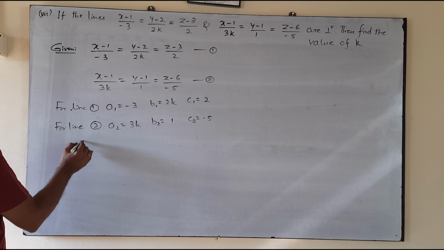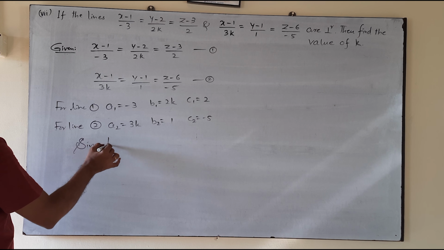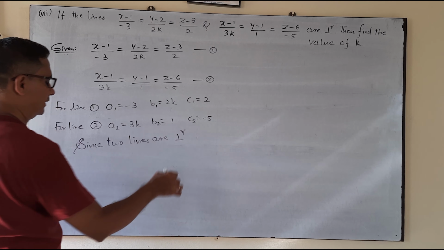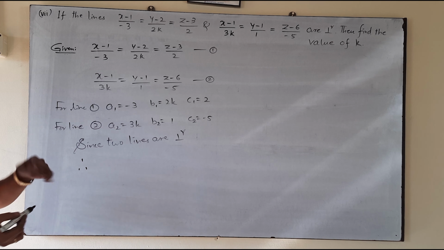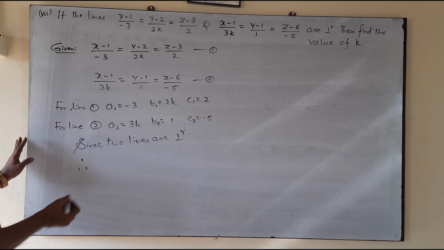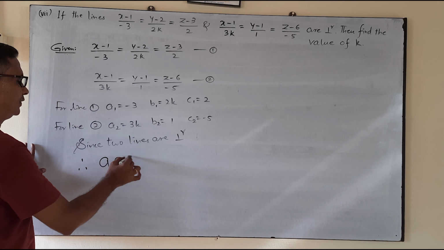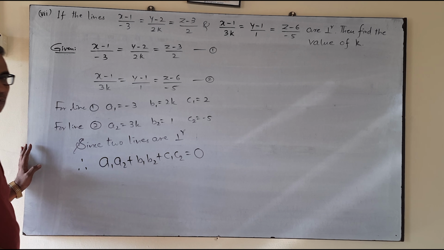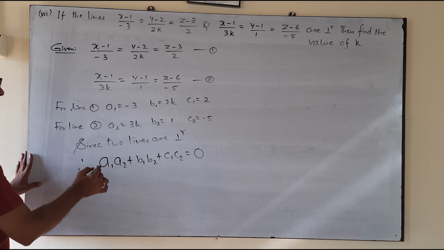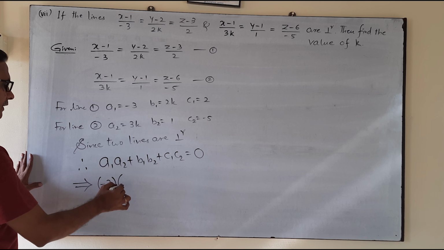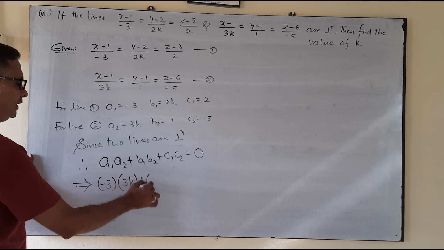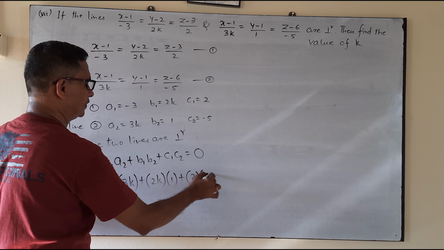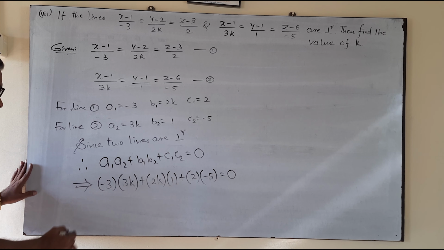Since these two lines are perpendicular, you know the condition: if two lines are perpendicular, theta is equal to 90 degrees, so a1 a2 plus b1 b2 plus c1 c2 is equal to 0. Substituting the values: a1 is minus 3, a2 is 3k, b1 is 2k, b2 is 1, c1 is 2, c2 is minus 5, is equal to 0.